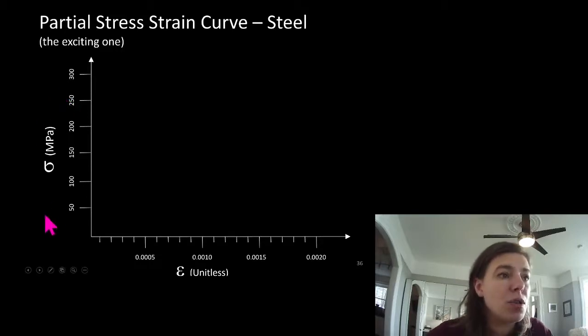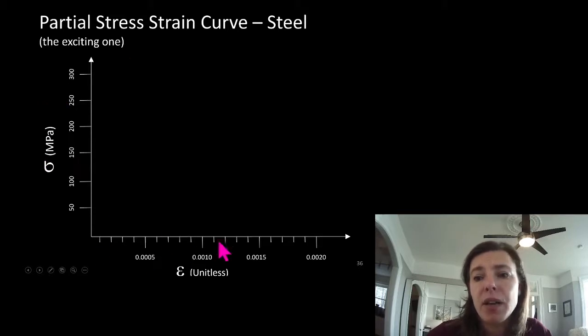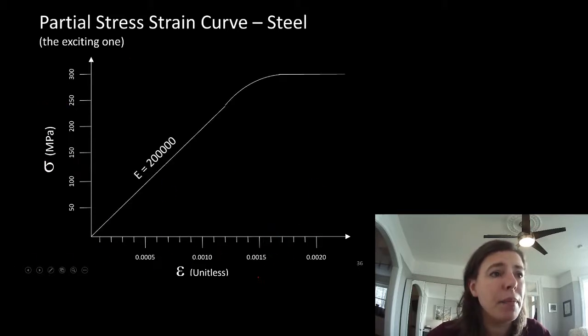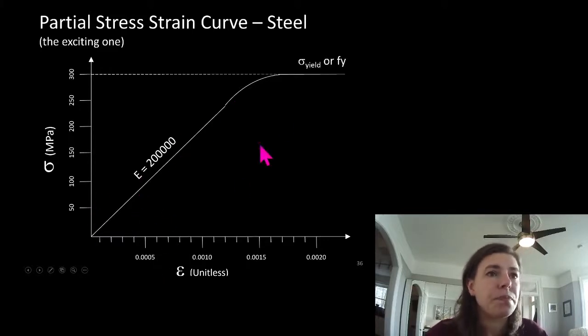So we've got stress on this side, unitless strain down here, and here is a stress strain curve for steel. There's our modulus of elasticity, E, or stress divided by strain. There is our yield stress.